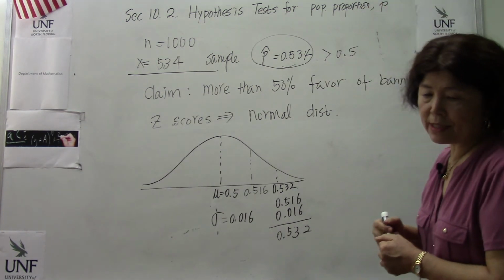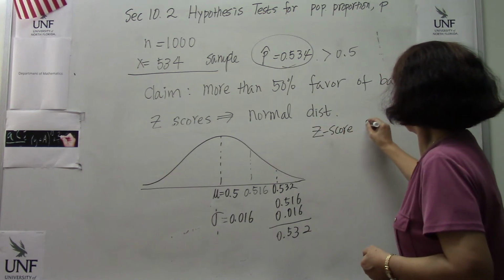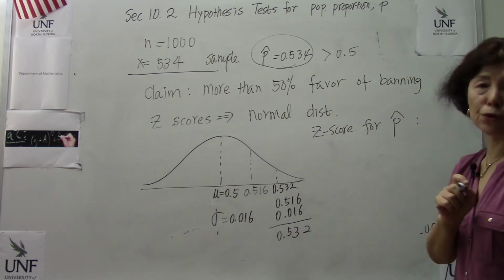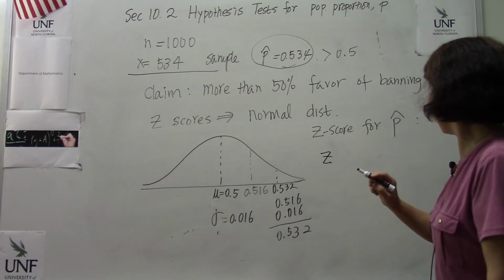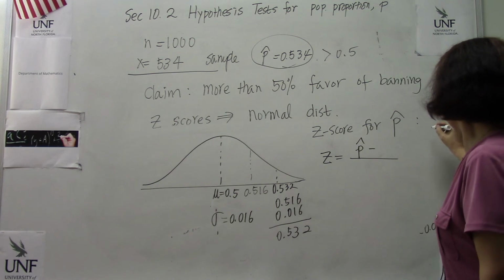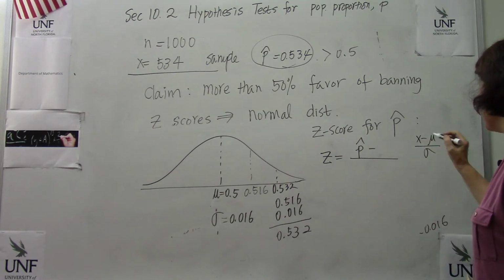Okay, so the z-score for p hat. This is the only time we are going to use p hat in our calculation. So what is the z-score for p hat? The z-score is x minus mu over sigma, correct?